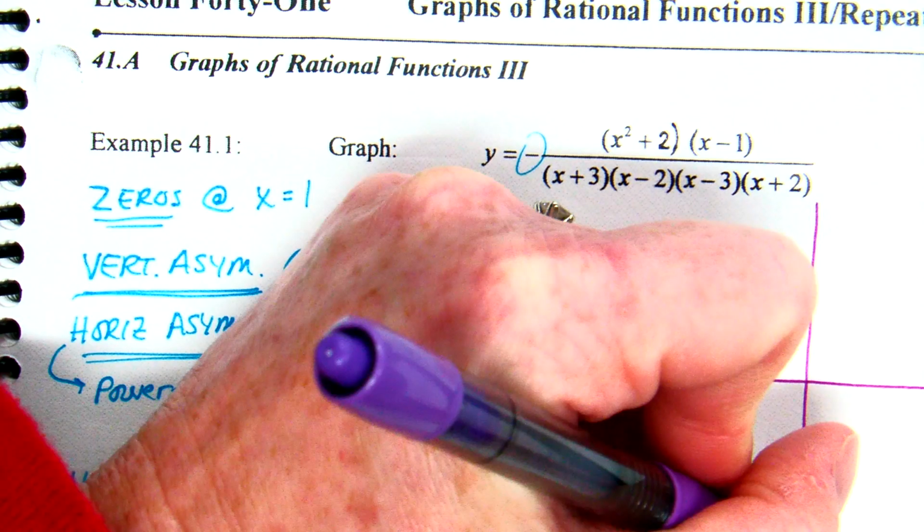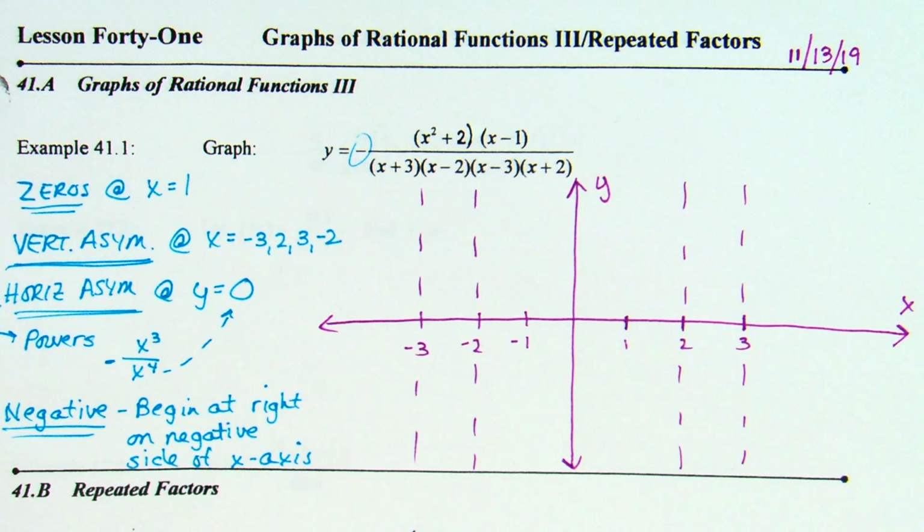We have a 0 at x equals 1. Officially, we have a horizontal asymptote at y equals 0 here, or in other words, the x-axis. What that horizontal asymptote is going to tell me is what my graph is following along as it goes off to left and right. And the negative out front says that when I go to graph, I'm going to start bottom side over at the right.